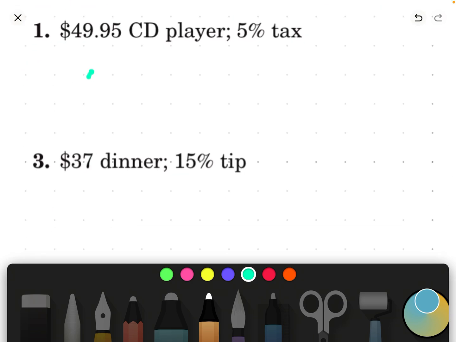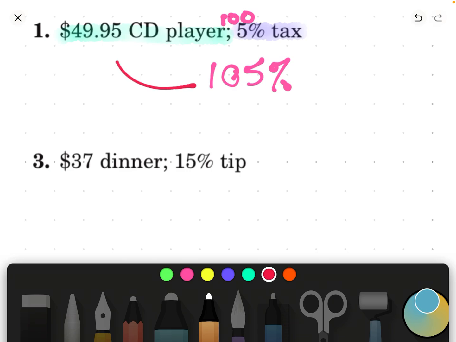All right, so we have a CD player here, $49.95. We have a 5% tax. So what we need to do is add 100 to 5, which is 105%. So what we got to do is figure out what is 105% of that price, $49.95.